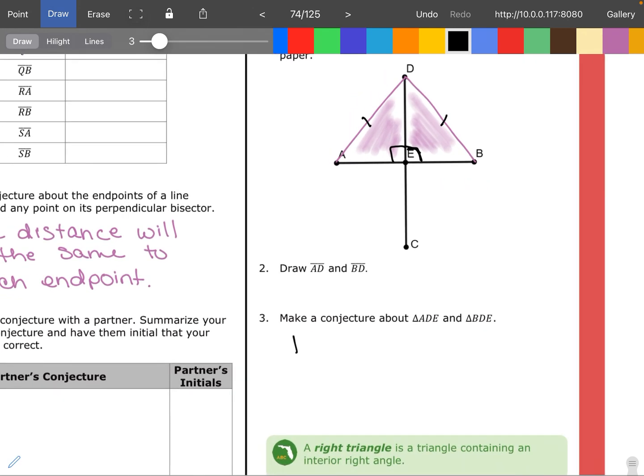Well, what kind of triangles are they? They are both right triangles. And based on the previous question, we know that AD is congruent to BD. So if you have right angles, then you have a right triangle.